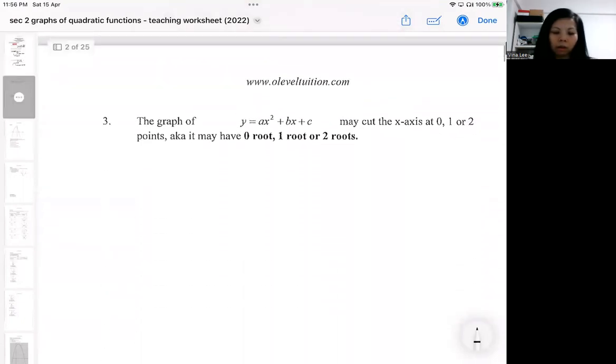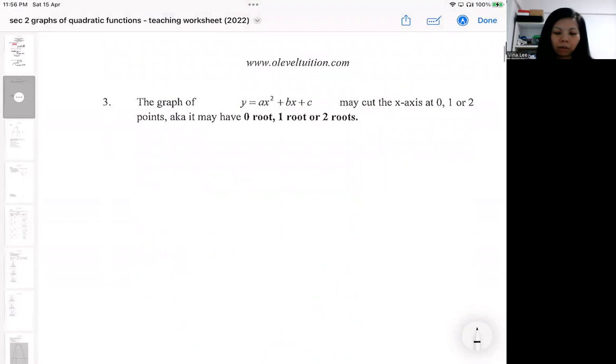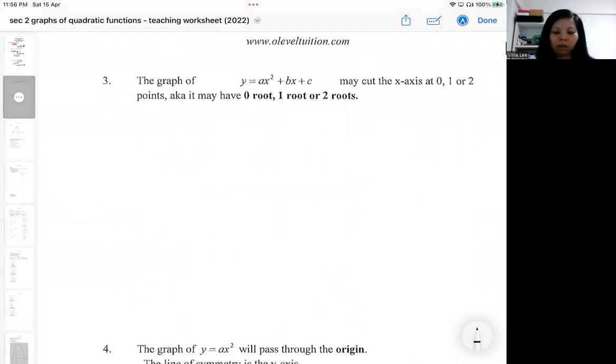Now point number 3, maybe to some of you at Sec 2, Sec 3, it might not seem important, but it will be good if you have the idea that the graph will cut the x-axis at 0 points, 1 point, or 2 points.